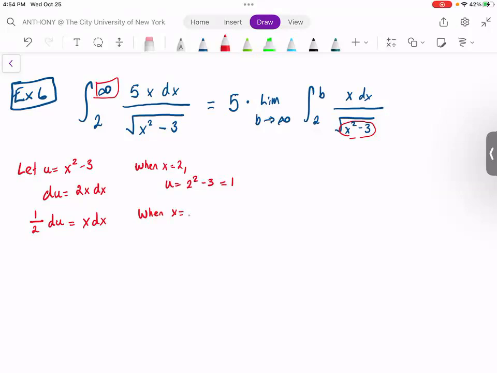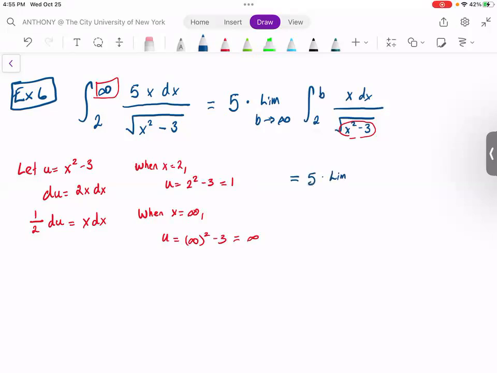So when x is approaching infinity, you're going to get u is equal to infinity squared minus 3. So what is infinity squared minus 3? Infinity.